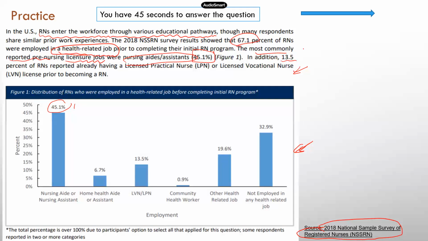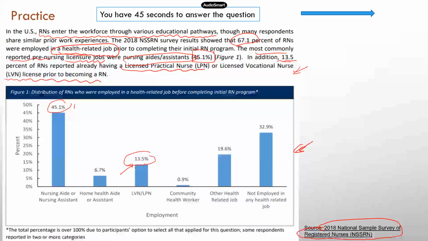About almost 14% of RNs reported having a LPN or LVN license prior to becoming an RN. Right? So this is kind of interesting results that really stood out. So the author wanted to highlight that in the text. So the category is over here. So that's also a very high number.